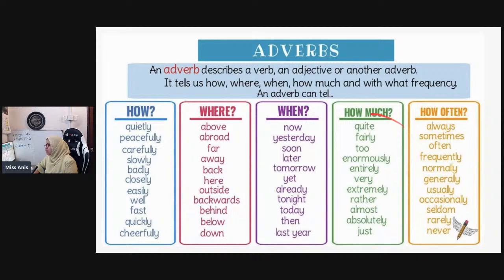Alright, so how much? Bilangan. Bila tanya pasal bilangan: quite, fairly, too, enormously, entirely, very, extremely. So nampak tak? Ini menunjukkan bilangan, like the quantity of it. So this kind of question, you would use all these adverbs to describe the verbs or the adjectives ataupun adverbs, ya, bukannya nouns atau pronouns.